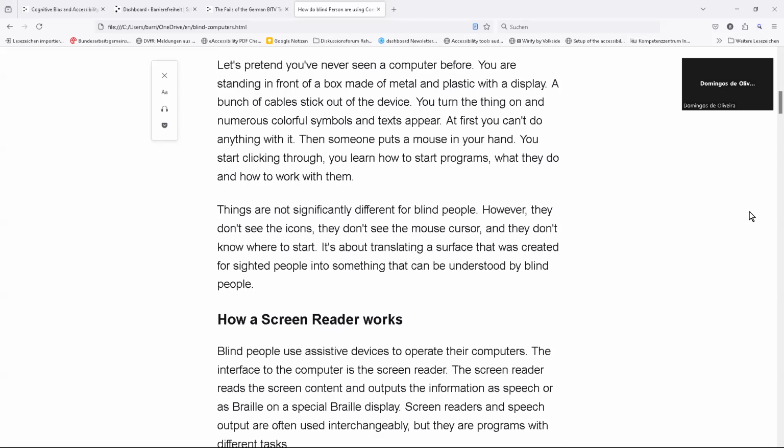But the screen reader is not guessing this information, it is relying on information which is conveyed through the so-called accessibility API.